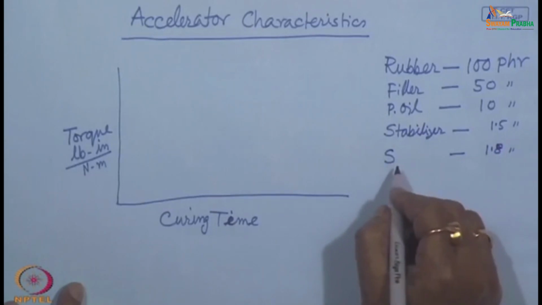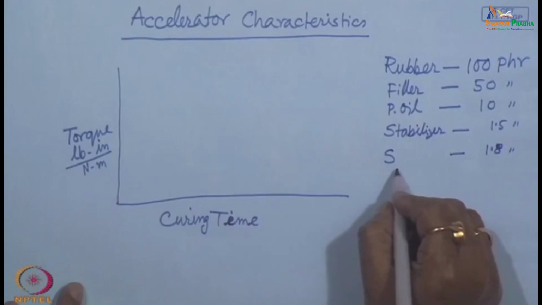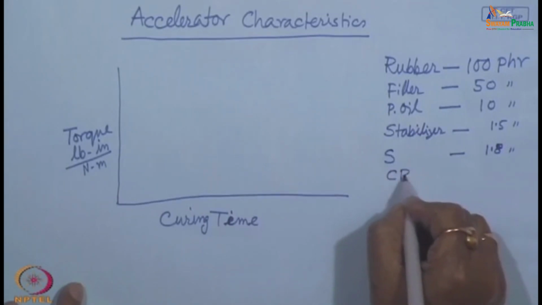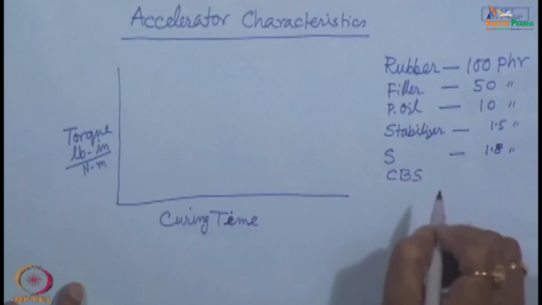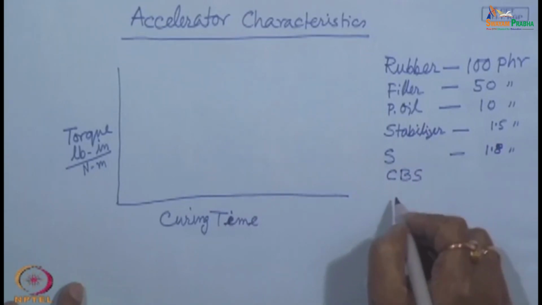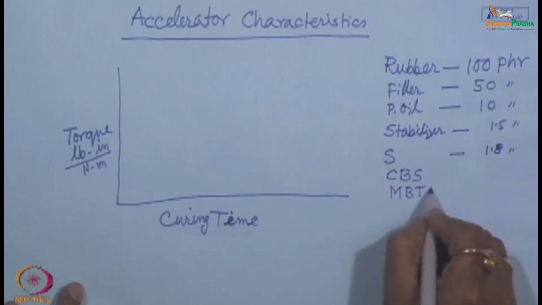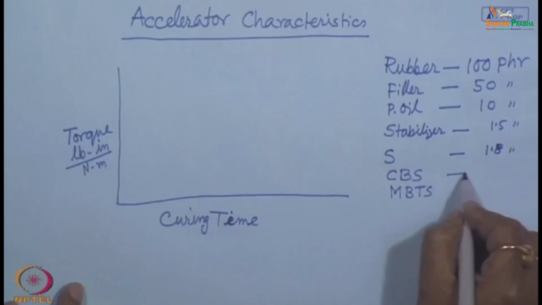Along with sulfur there can be accelerators, say from that list I have shown, a CBS as well as MBTS combination or other combinations can also be used.